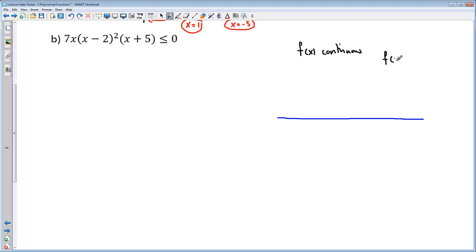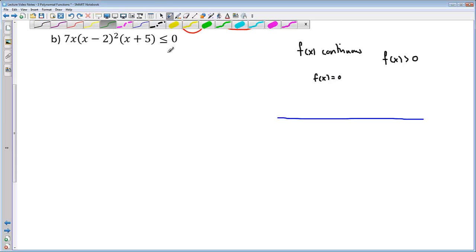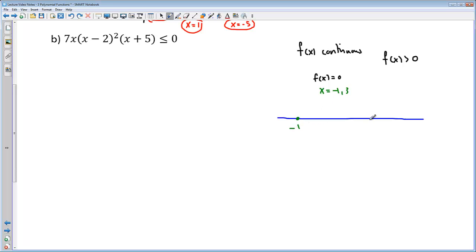So suppose you're trying to figure out when f of x is bigger than 0. The idea is you're going to find when f of x is actually equal to 0. If you find these x values where it's equal to 0, those are the only spots where it can cross the river. So suppose you find out that x is equal to negative 1 and 3. And so here's negative 1, and then here's 3.